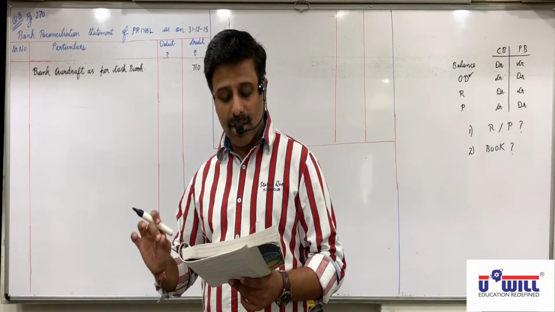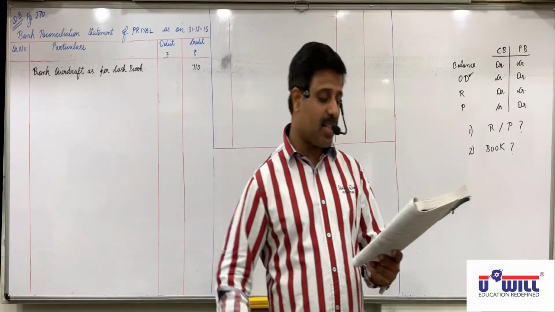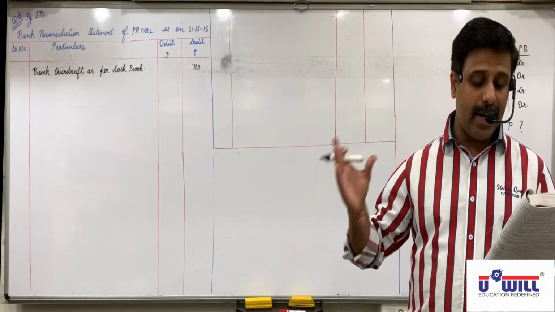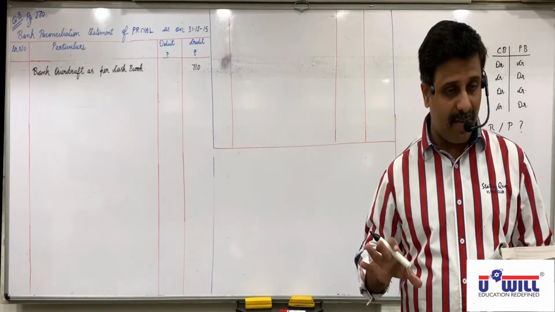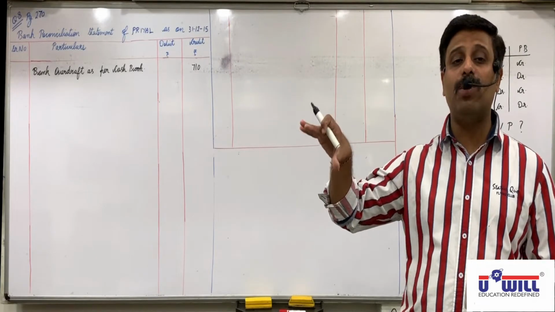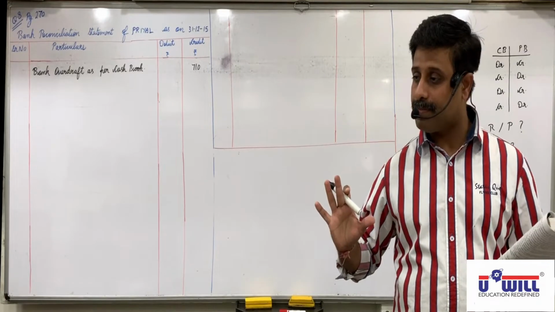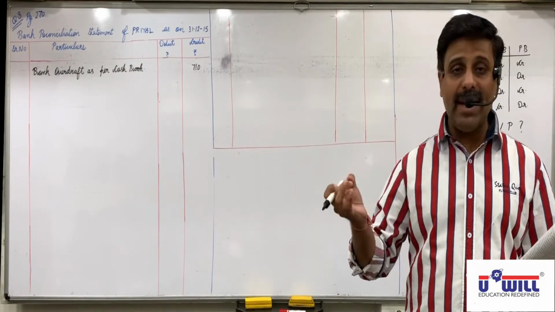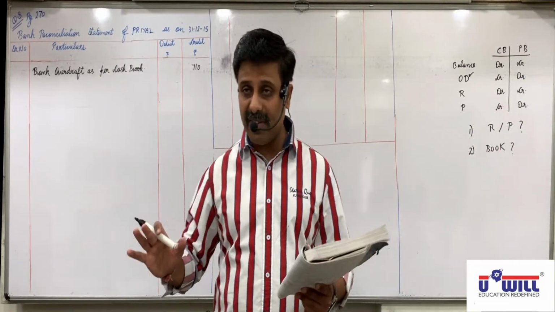Now understand this, 2,300. When is it debited in the cash book? 15/12/15. When is it credited in the passbook? 18/12/15. Means in December itself it is debited in the cash book as well as credited in the passbook. No effect in DRS. Next, 7,200. When is it debited in the cash book? 17/12/15.